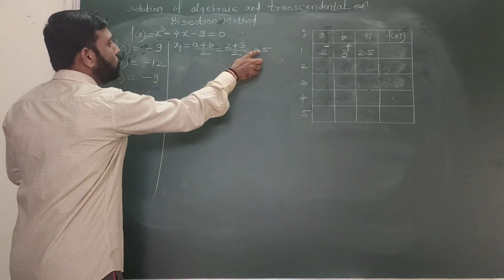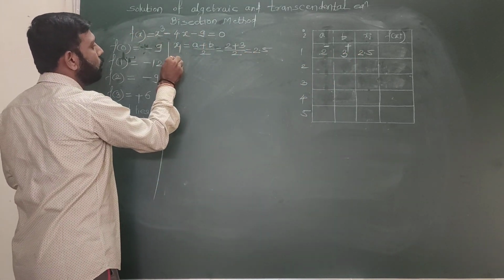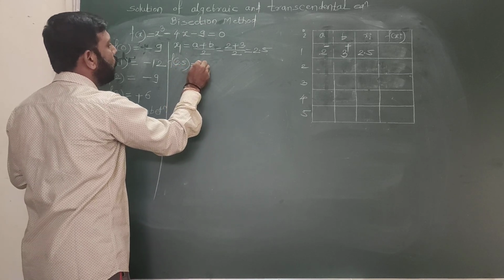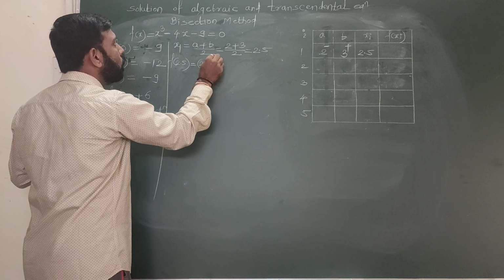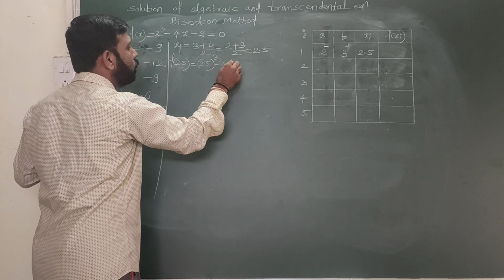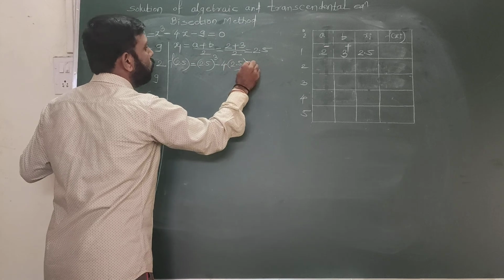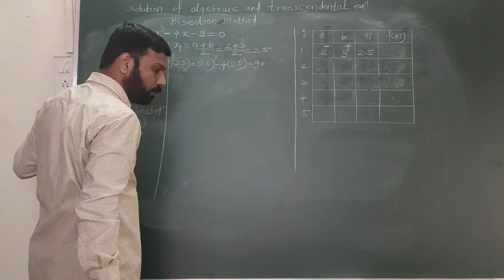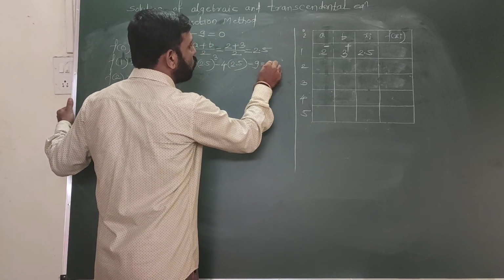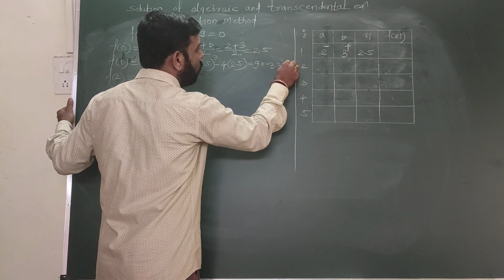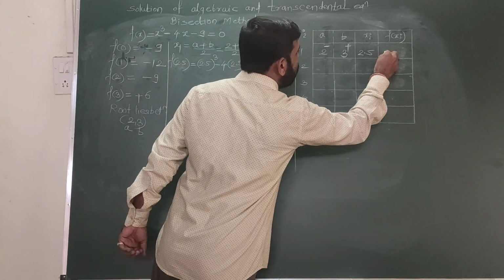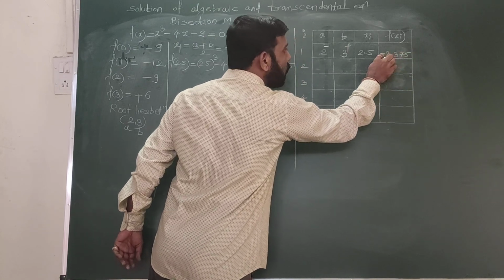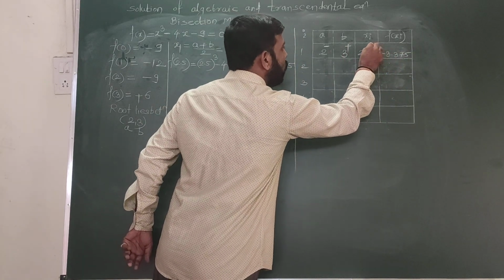Now substitute this 2.5 in the polynomial: f of 2.5 is 2.5 cube minus 4 into 2.5 minus 9, which equals minus 3.375. So write down that value, minus 3.375, and that minus sign we give to the 2.5.